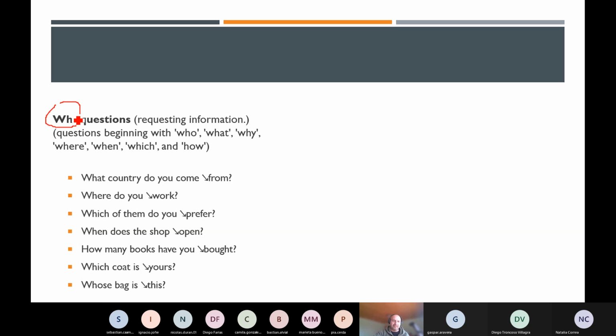When does the shop open? How many books have you bought? Which coat is yours? I don't know if I'm explaining myself. Try to use something like moving your hand, moving a pencil, moving your head down. So down is what I would like you to do at the end of the WH question.